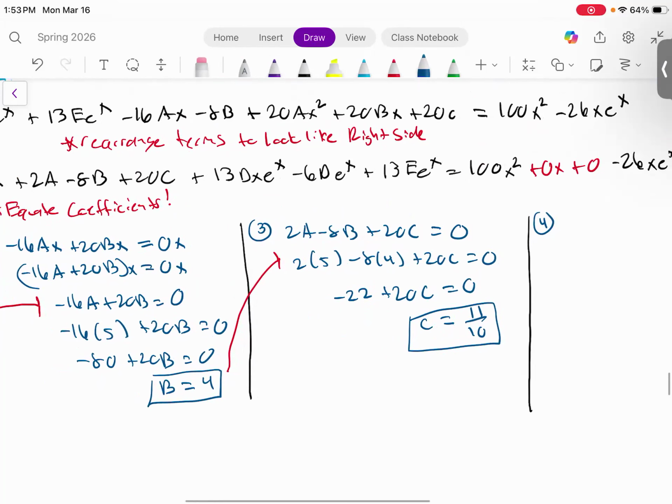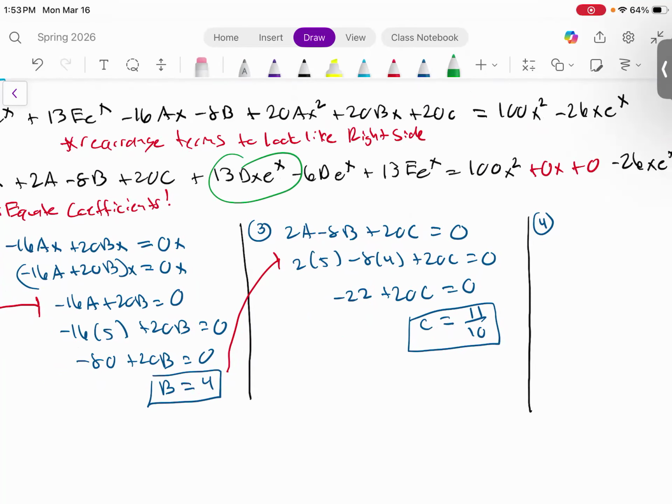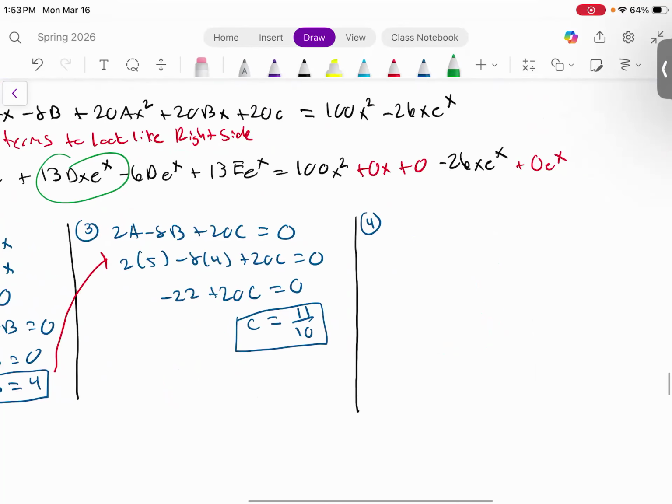Our fourth equation is stemming from our 13 dx e to the x. On the right-hand side, it equates to this negative 26 x e to the x. So let's go ahead and write that.